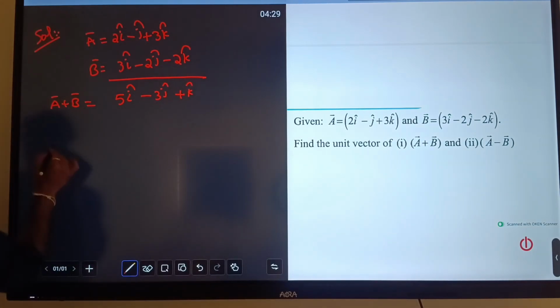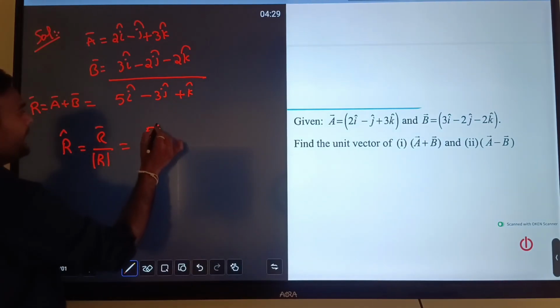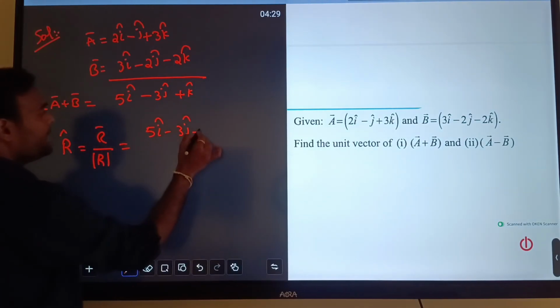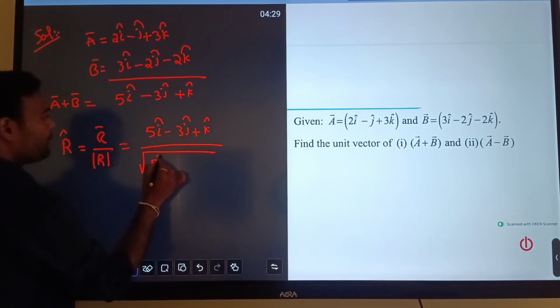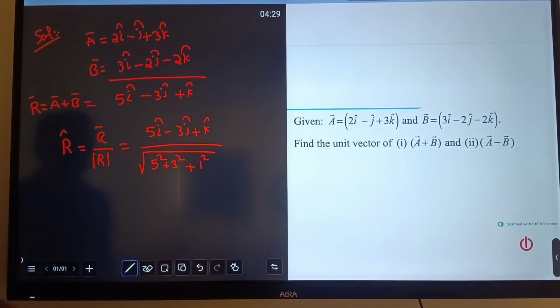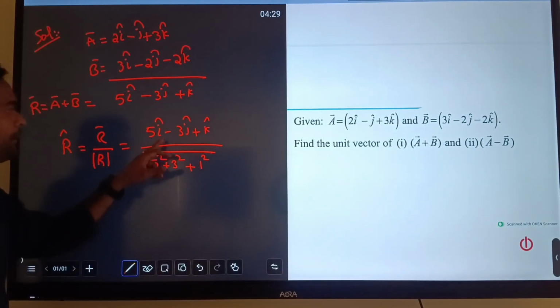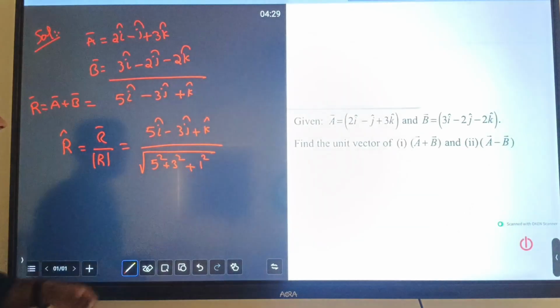Now, for the unit vector, let us assume this is r, then the r unit vector is equal to r vector by r magnitude. That means (5i minus 3j plus k) by under root of 5 square plus 3 square plus 1 square. Actually, here it is minus 3 whole square, so automatically that is directly equal to plus 3 square only.